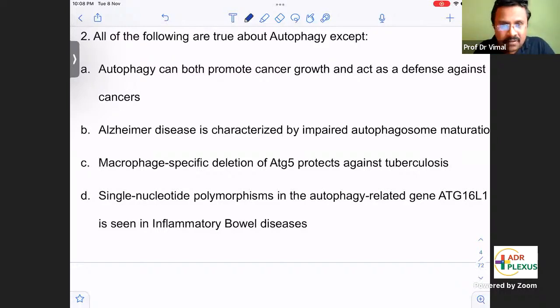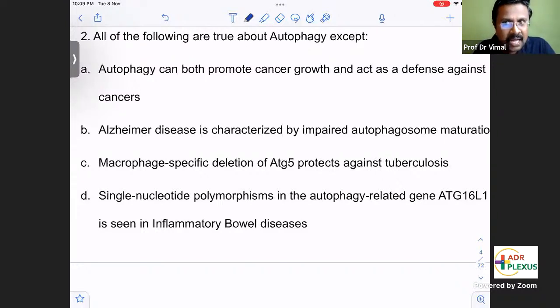Let's see who will answer this. Already Harish has answered. Actually, people have been choosing between two options, A and C. Please remember, this is a very important topic, autophagy, and I want you all to learn this important point.